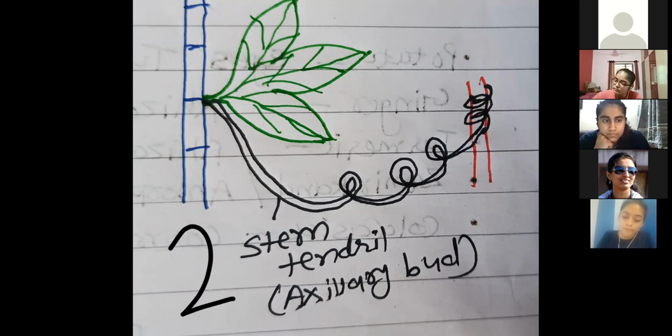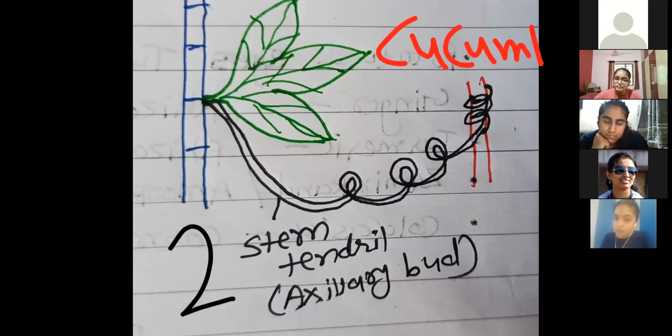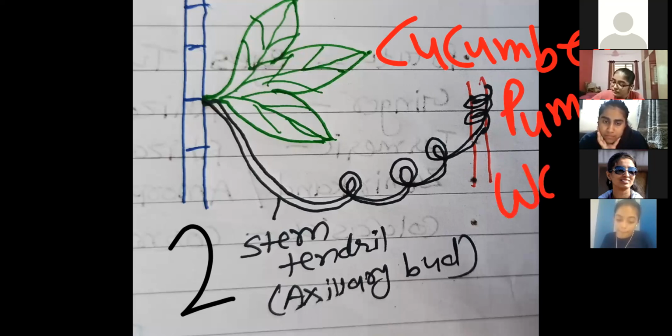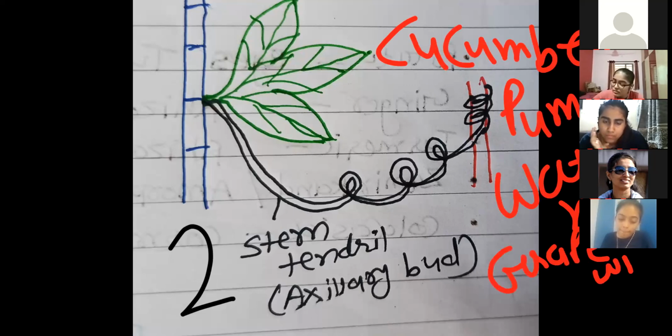Examples: remember, many examples are there in this. Cucumber, kakdi. Then pumpkin, kaddu. Pumpkin, cucumber, watermelon. Then next, grapevine. Extra examples, note down: passion flower.